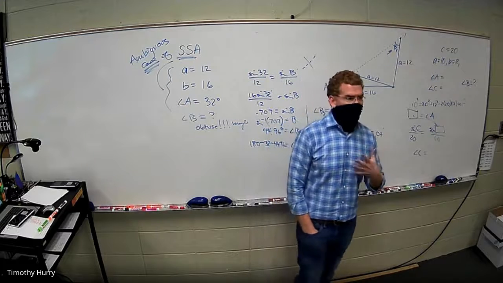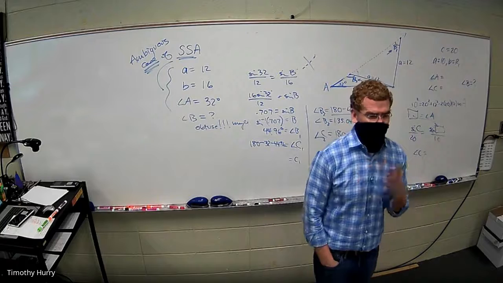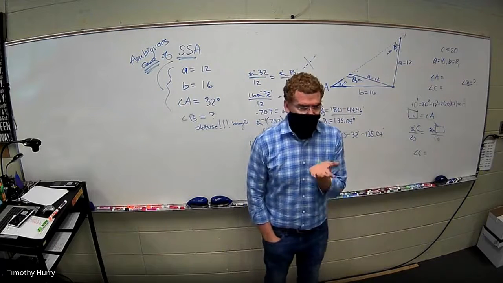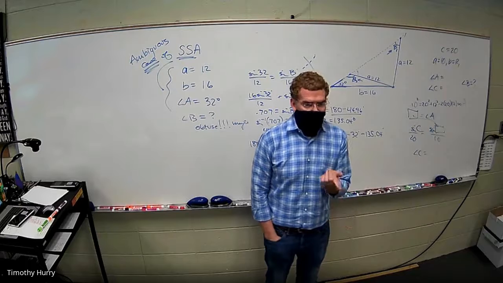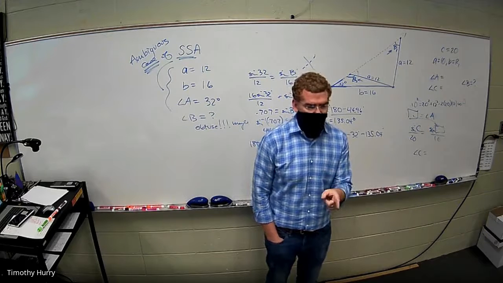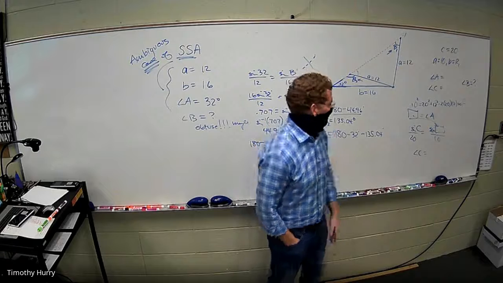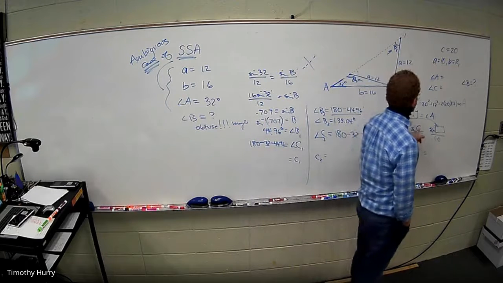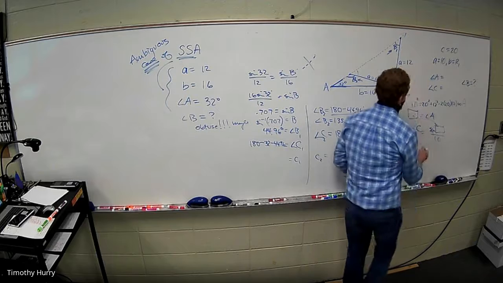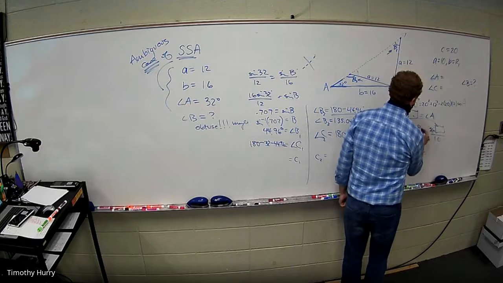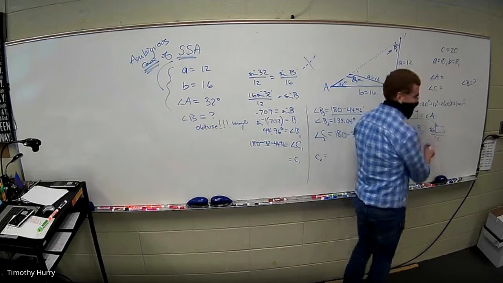So again, be proactive or be defensive, whatever it is. Every time you plug something into the law of sines, ask yourself, am I finding the largest angle? Most of the time you can avoid it. Like right here, am I finding the largest angle? Crap, I am. Well, let me avoid it. Let me just find B. I can avoid it here, can't I?